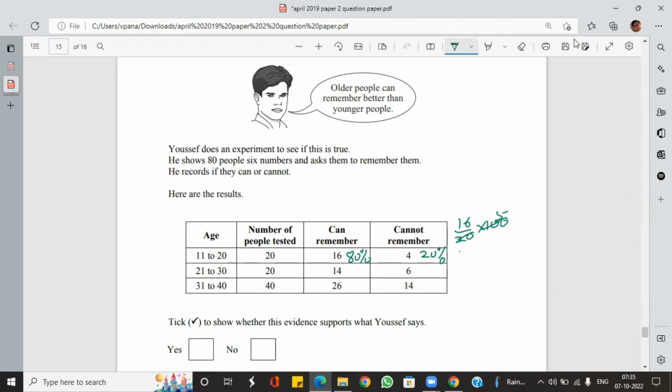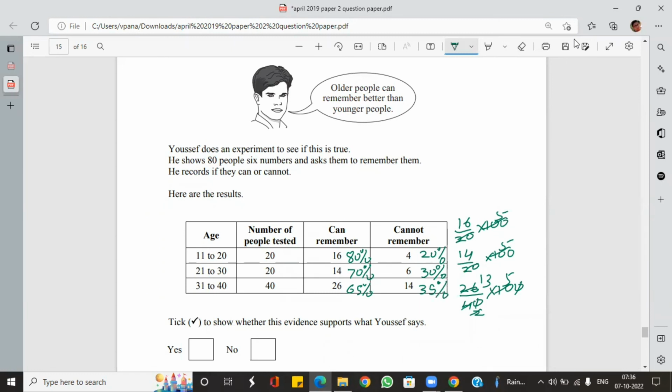Then for this you have 14 by 20 times 100, which is 14 times 5, that is 70% can remember, 30% cannot remember, from the 21 to 30 age group. From the 31 to 40 age group, it is 26 out of 40 times 100. So let us simplify. 2 2s are 4, 2 5s are 10, 26 divided by 2 is 13. 13 times 5 is 65. 65%, and then it is 35%.